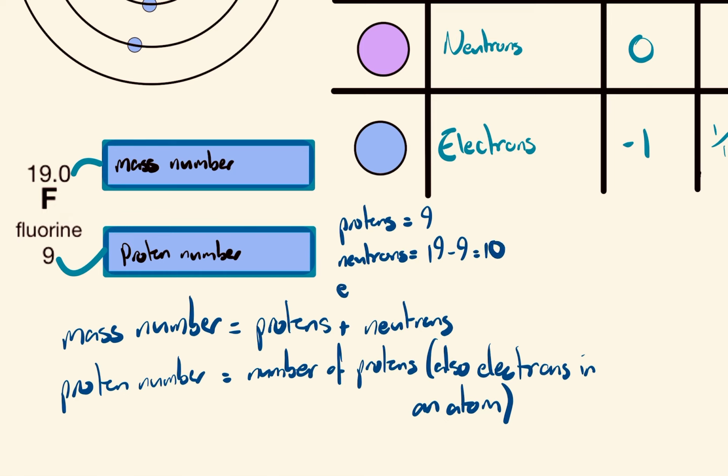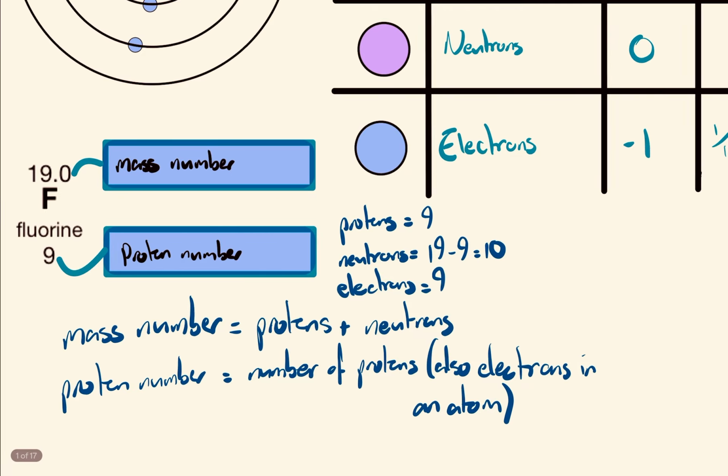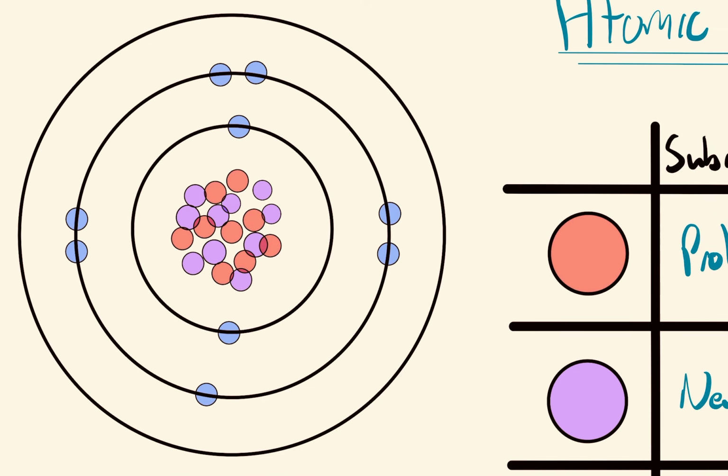And our electrons, the only thing we need to check is there some sort of charge around here? There's not in this case. So that's the same as our number of protons, 9. And that's what we have here, right? We've got a nucleus containing 9 protons, 10 neutrons, and we've also got 9 electrons around the outside.